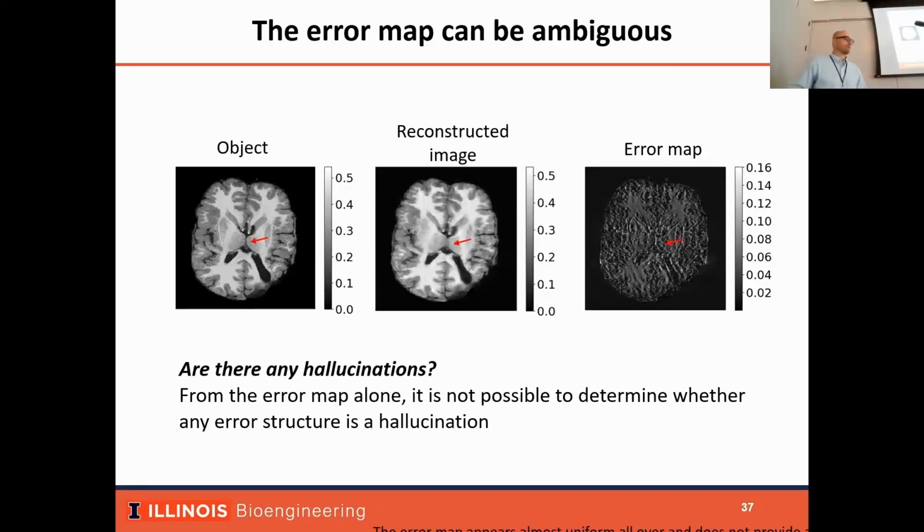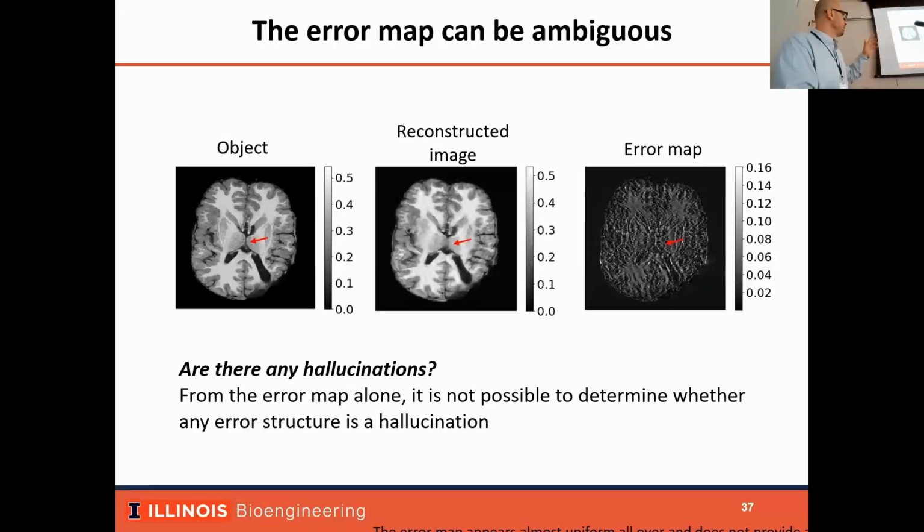So why do we need hallucination maps? Why can't we just use error maps? It's a fair question. Here's an example where we have an object and we have a reconstructed image. If you look in the center here, there are some clear artifacts in the center of the reconstructed image. We could compute an error map, just by taking the absolute value of the difference between those two images.